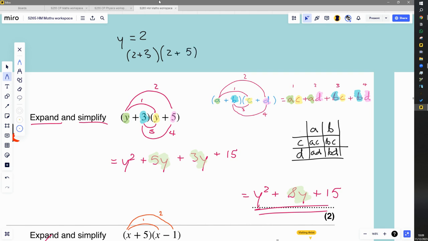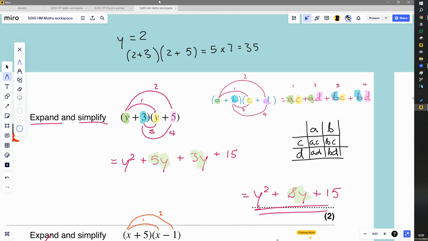So instead of writing y, I'm writing the number 2. And that would be the same as 5 times 7. 5 times 7 is 35.